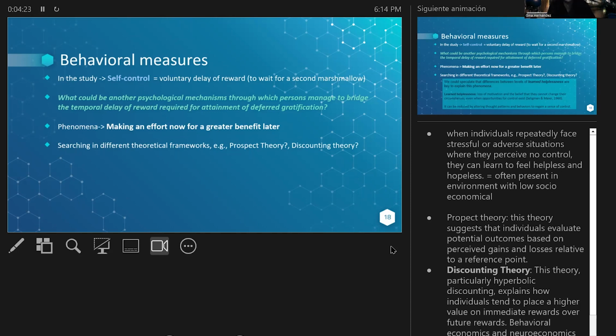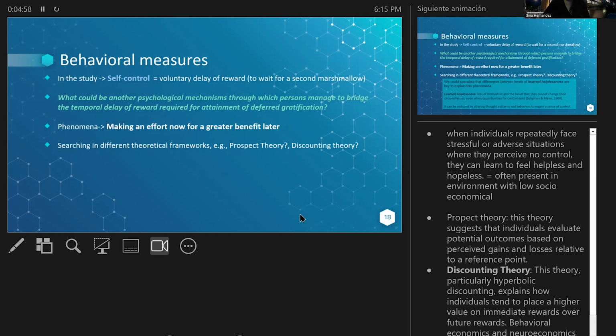So there is an additional psychological mechanism happening to people with low versus high socioeconomic status that is actually giving us this result. So now we cannot attribute it to self-control, as Michelle was trying to do. But what other thing can be happening that is also related to socioeconomic status that may explain these results? So this is a way where we can think forward, taking this experiment forward.